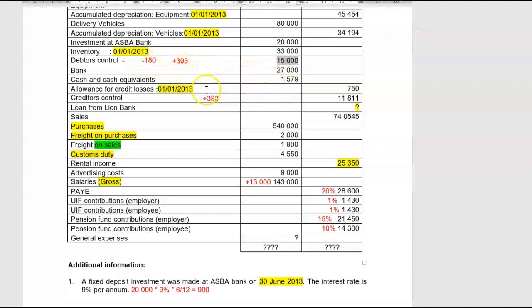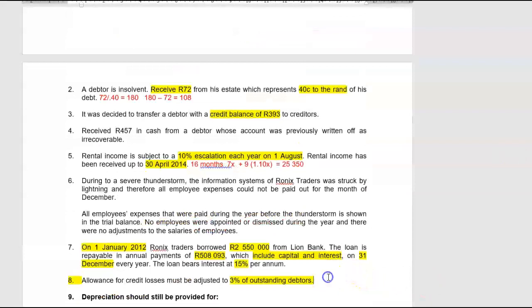That gives us a total balance on our debtors control account of not 15,000 anymore, but 15,213. So that's going to be our closing balance: 15,000 minus 180 plus 393 gives us 15,213.